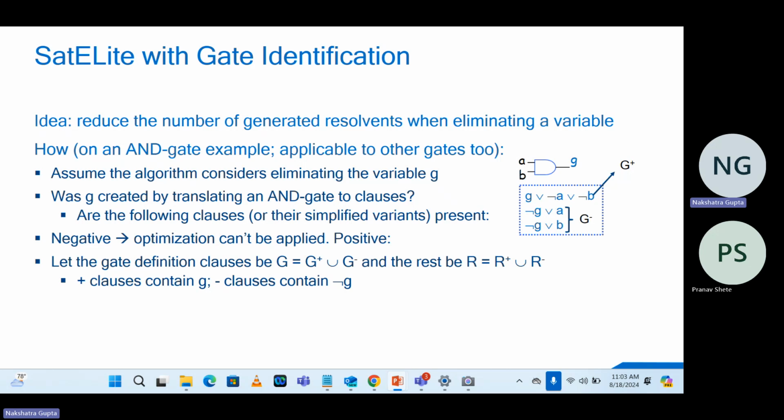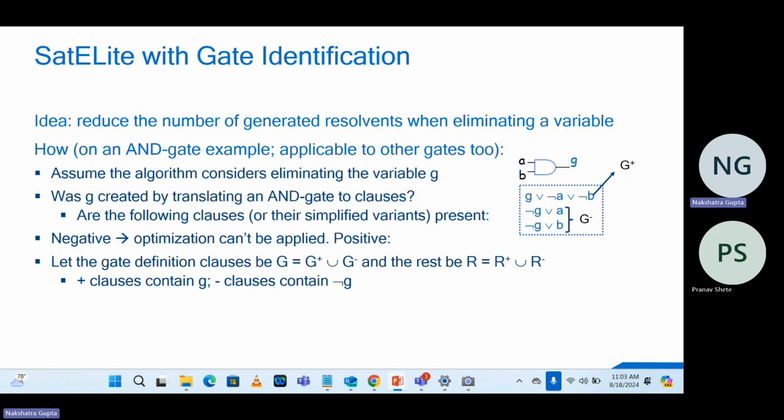We divide the clauses into essentially two categories: the gate clauses, denoted by G, which represent the gate, and the rest of the clauses which contain our variable, denoted by R. Then there are G plus, G minus, R plus, and R minus clauses, where the plus clauses contain G and the minus clauses contain non-G.